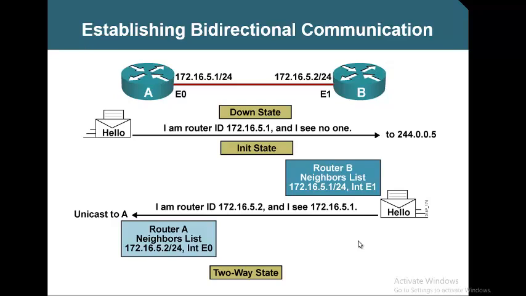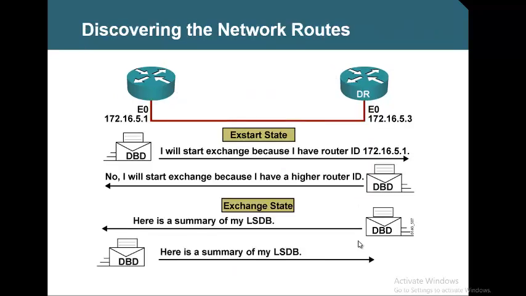But what A does not know is the link status of all the neighbors of B. That will be learned through the DBD, which is coming after this. So now A and B know each other. We call this the two-way state.